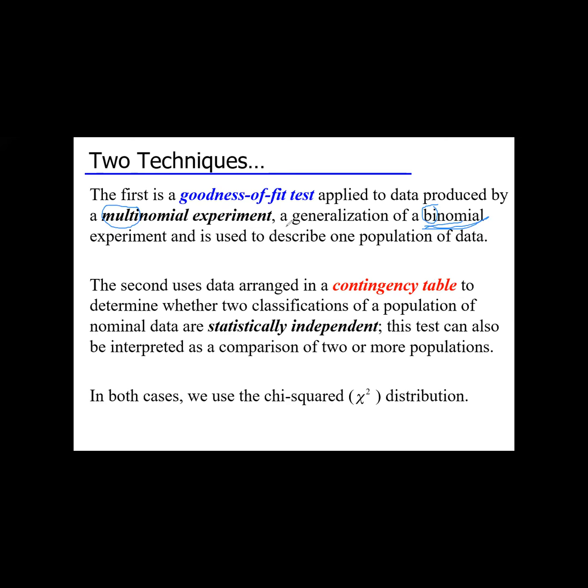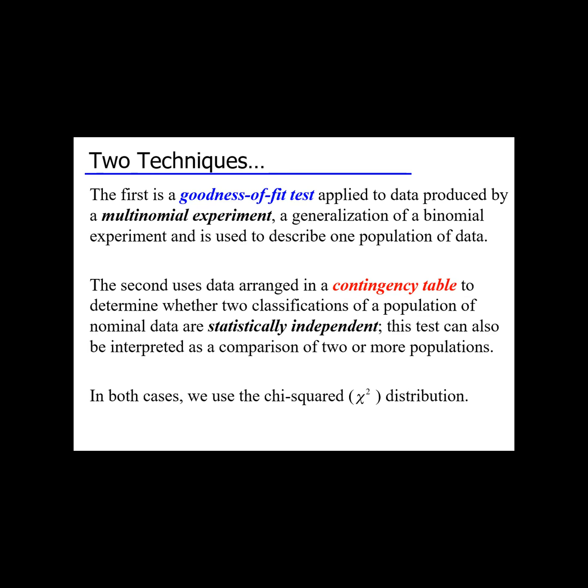What you have to know here is that there are two techniques that are involved in the chi-squared test. The first technique is goodness of fit, which is used when we are dealing with multinomial experiment. And the second one is contingency table, which is used to test for statistical independence of the events or of the variables. Let me repeat this one, but I'm still going to write when I join the session using my other device.